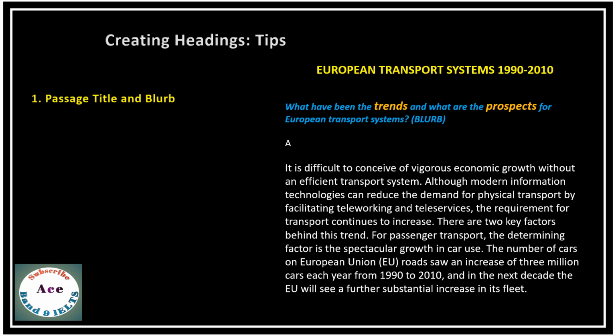In order to create a heading for each paragraph, you need to understand the title of the passage and the blurb. For example, for this passage, the title is European Transport Systems between 1990 and 2010.